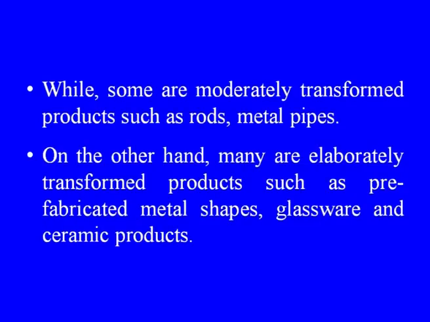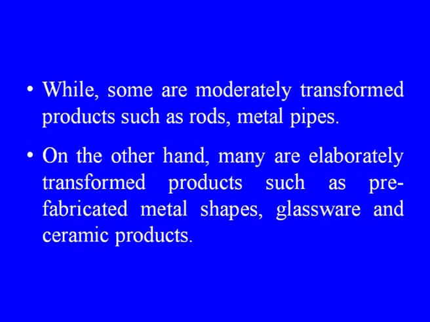While some are moderately transformed products such as rods, metal pipes, etc. On the other hand, many are elaborately transformed products such as prefabricated metal safes, glassware and ceramic products.